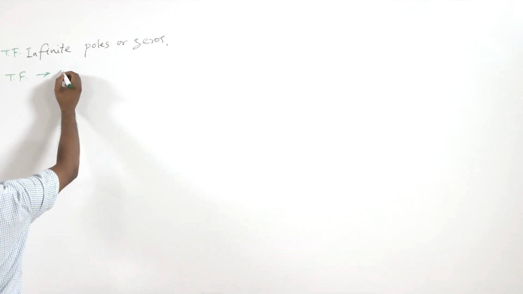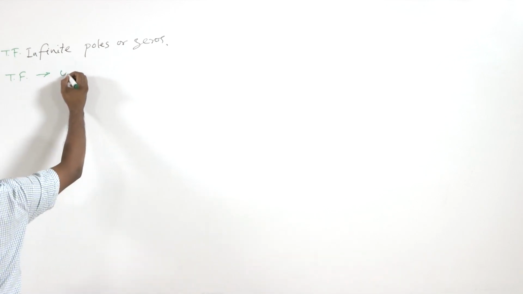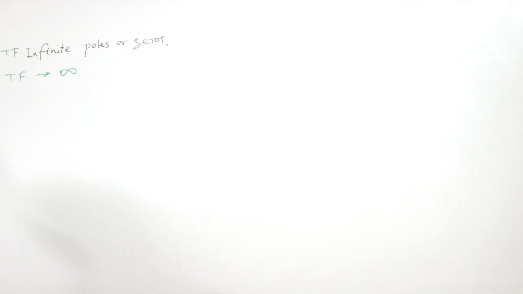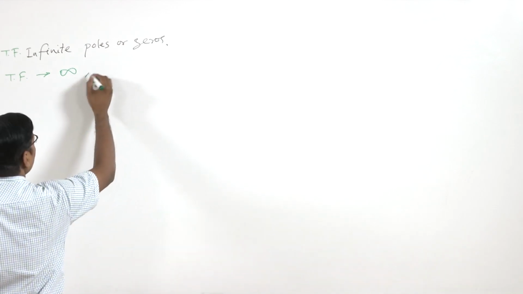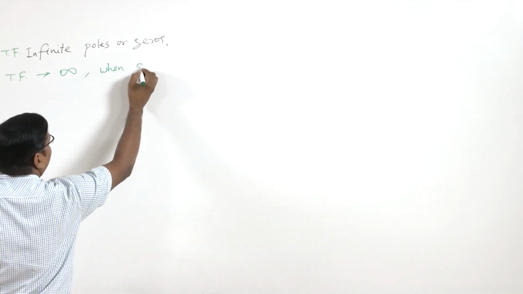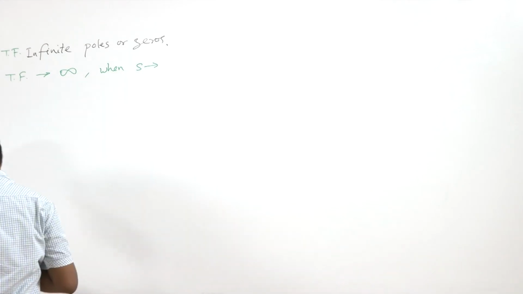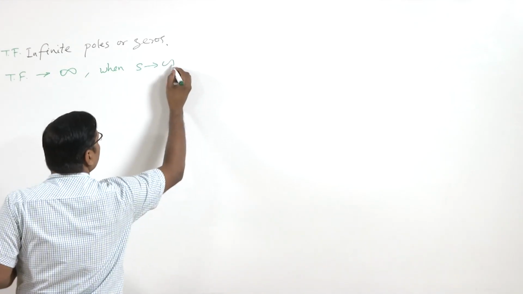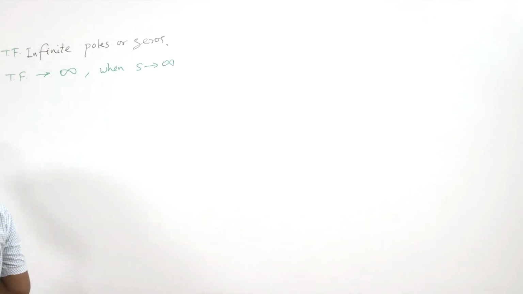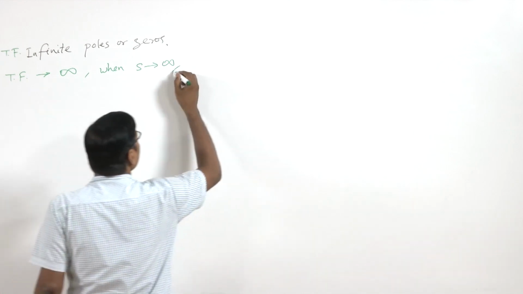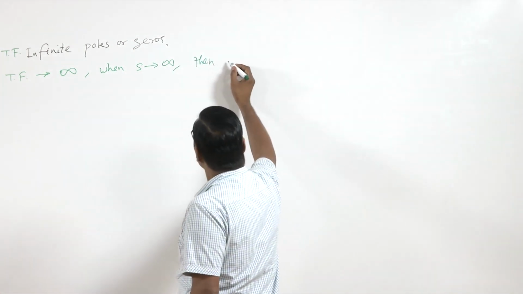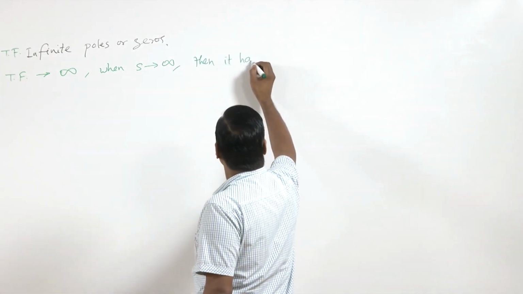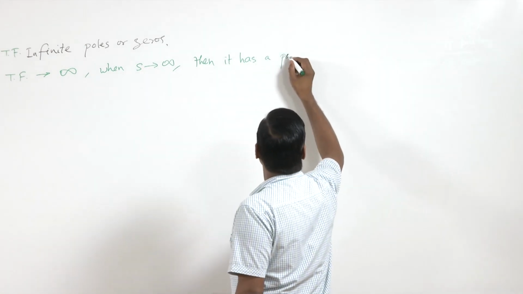When the transfer function tends to infinity, when s tends to infinity, then it has a pole at infinity.